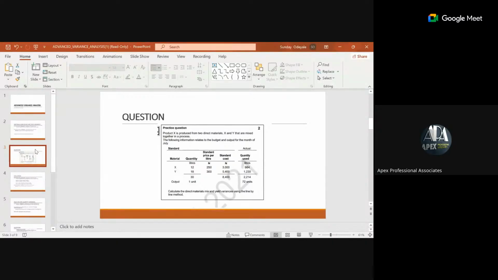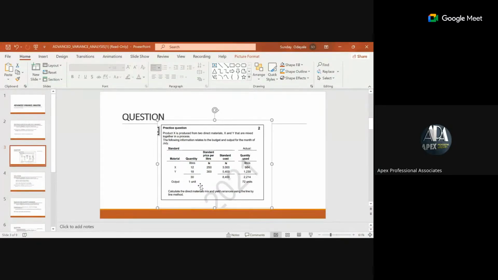Now let's assume that what we have here is not 1 unit. Let's assume they said the output is 10 units. Now it simply means you were supposed to use 30 liters of material to make 10 units. So to get how many liters to make 1 unit, you do 30 divided by 10.